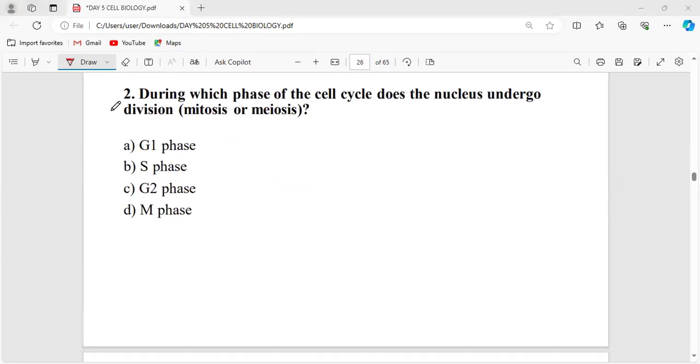And your second question, during which phase of the cell cycle does the nucleus undergo division?